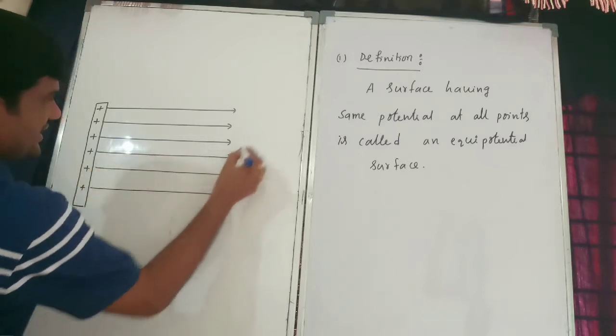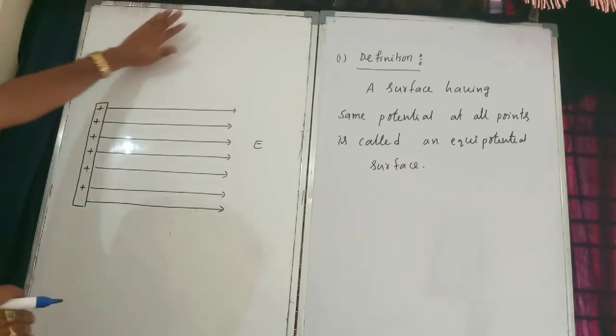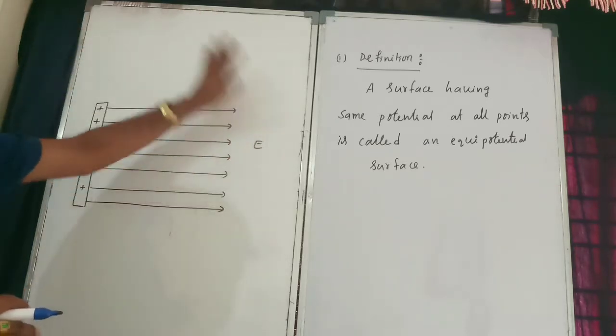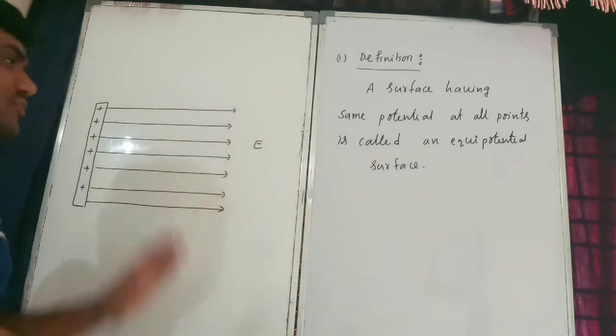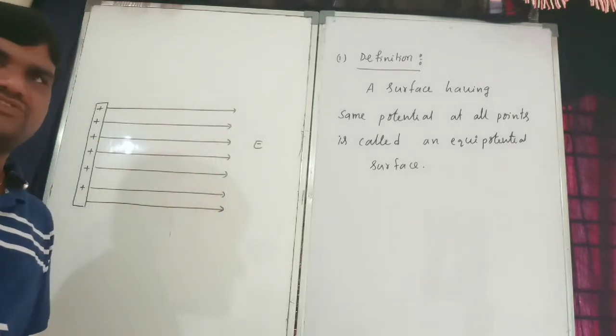So for example, this is a uniform electric field. Uniform electric field means that wherever you see, the electric field is the same. These are uniform electric field lines.